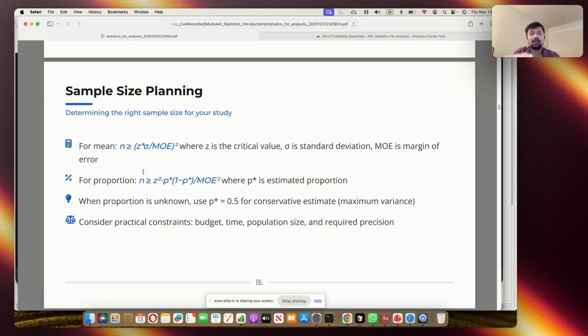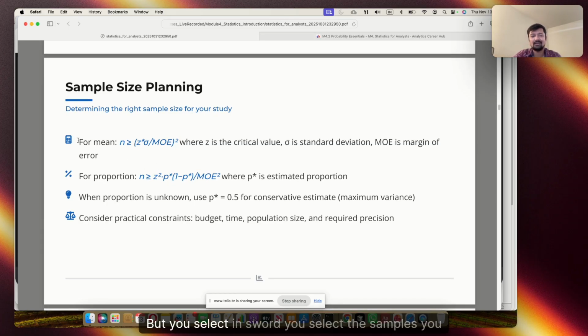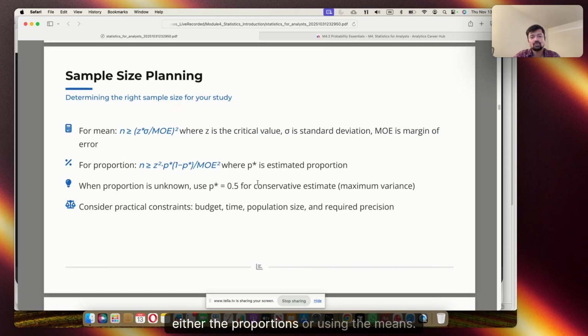Then you need to revise your analysis, come up with a lower sample size, and decide what you need to take care of at the time of making predictions, and what kind of errors you can expect in those sample sets. So those decisions depend on a lot of other things, but in short, you select the samples using these parameters which we have discussed, either the proportions or the means.